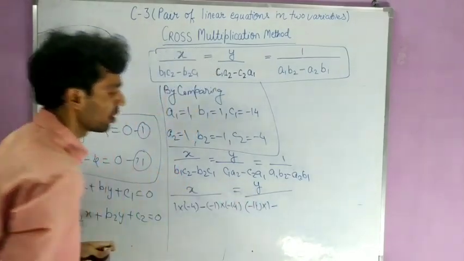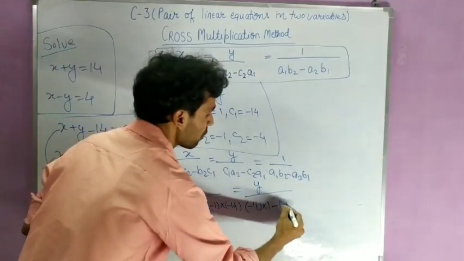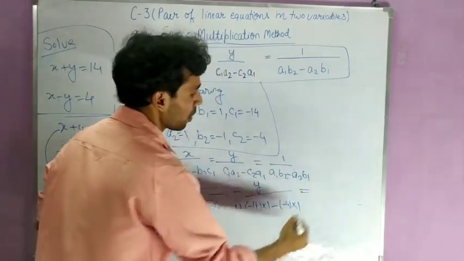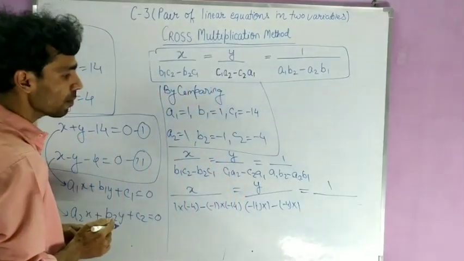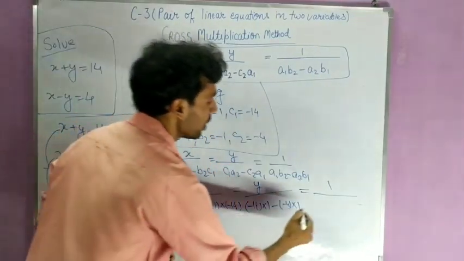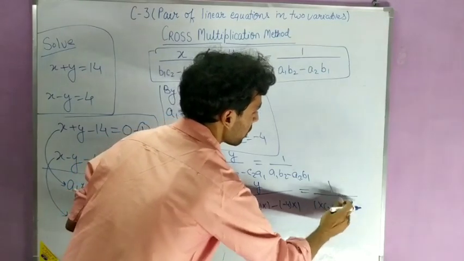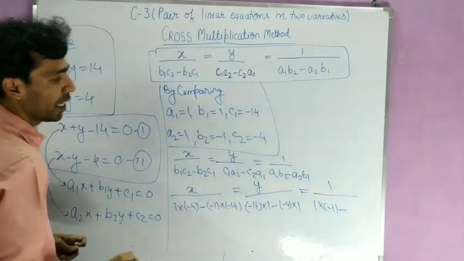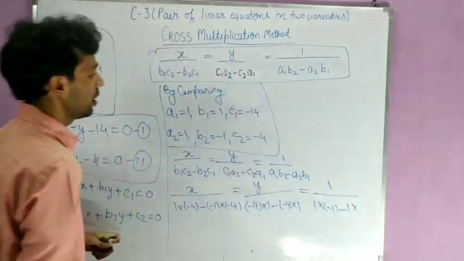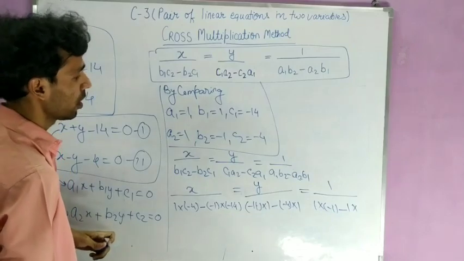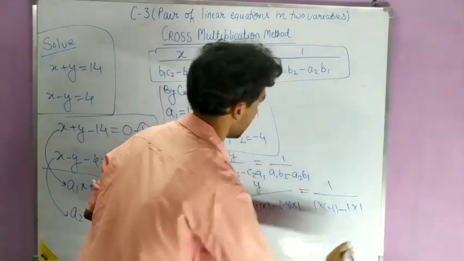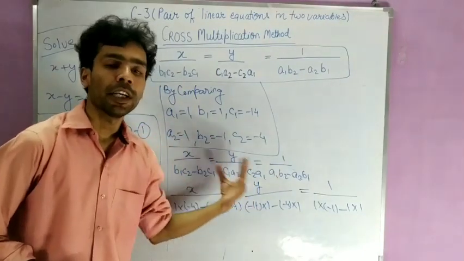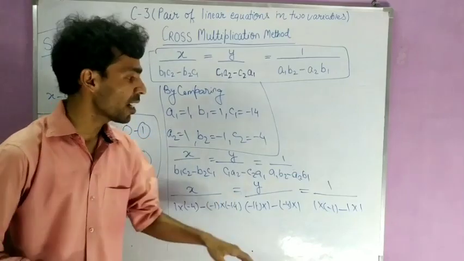Then again minus, what is the value of c2? Minus 4 into, what is the value of a1? 1, equal to 1 upon a1 value is 1, b2 value is minus 1, after that minus, a2 value is 1, and b1 value is 1. So after putting all the values of a1 a2 b1 b2 and c1 c2, we got that expression now.